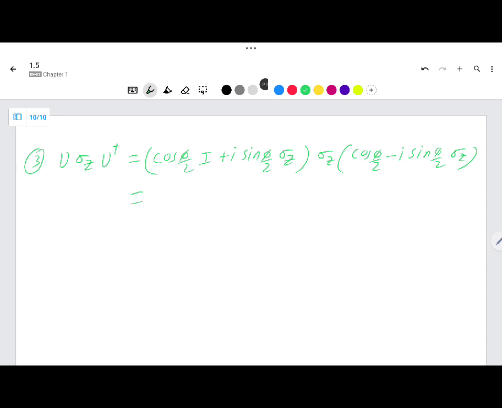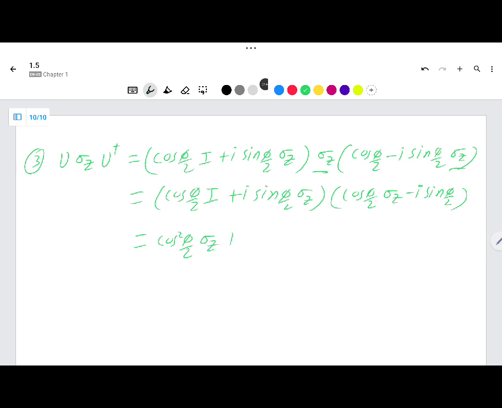Okay, so we know that sigma z square will be 1. There is 1 by 2 sigma z plus sin square 1 by 2 z.